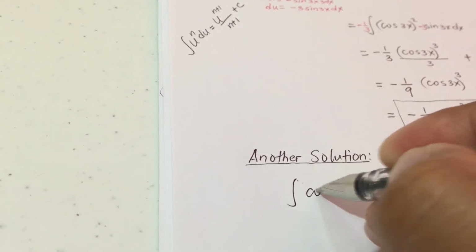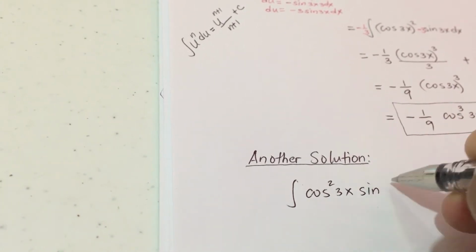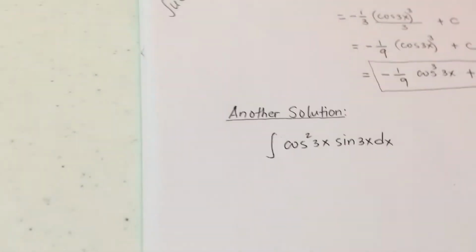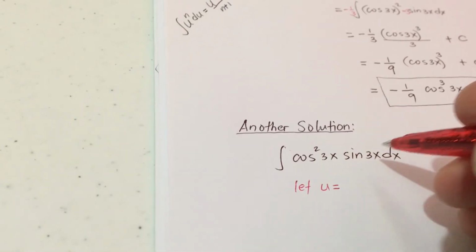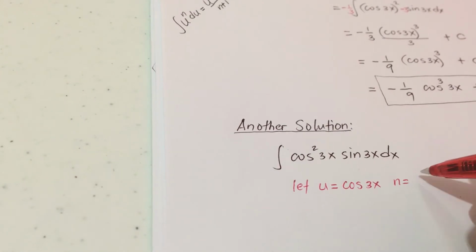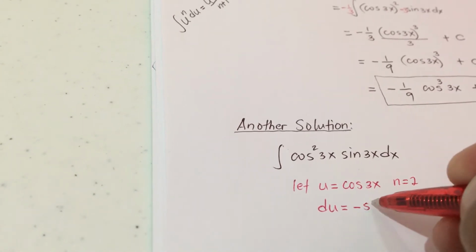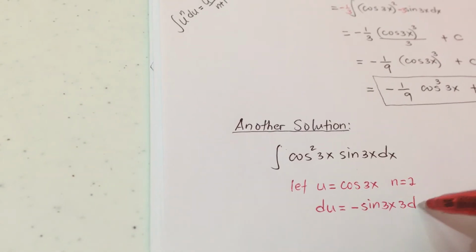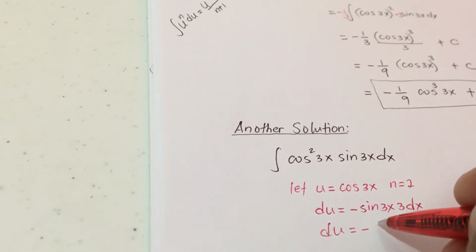So, integral of cosine squared 3x sine 3x dx, and we will let our u here be cosine 3x, our n is equal to 2, then our du is equal to minus sine 3x times 3 dx, or du is equal to minus 3.